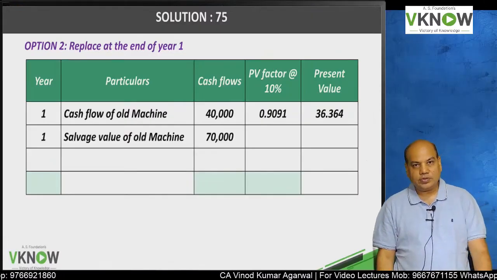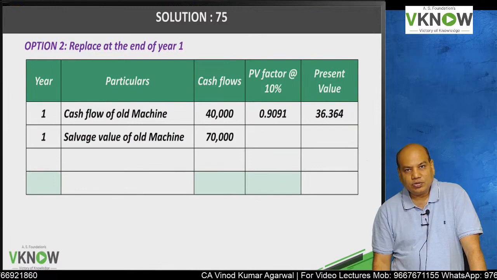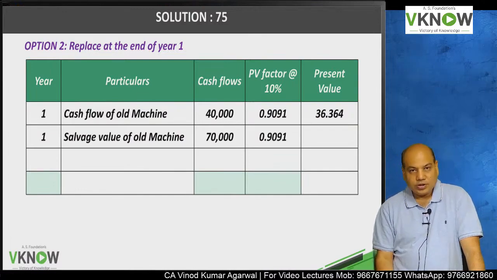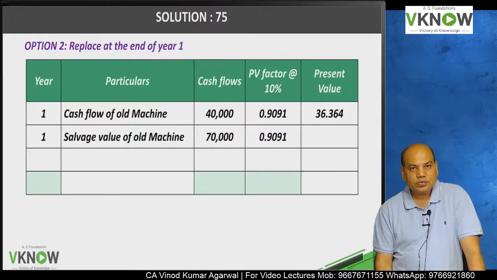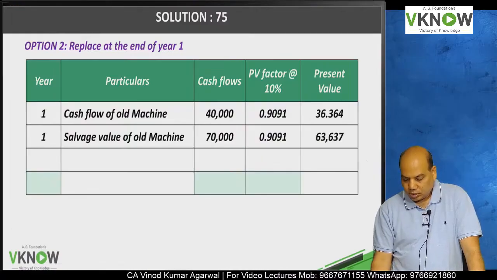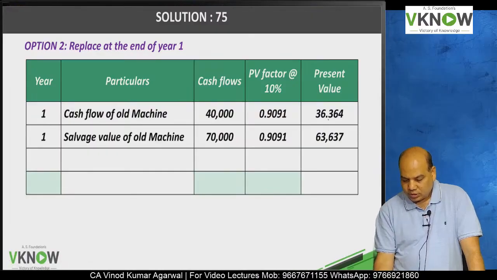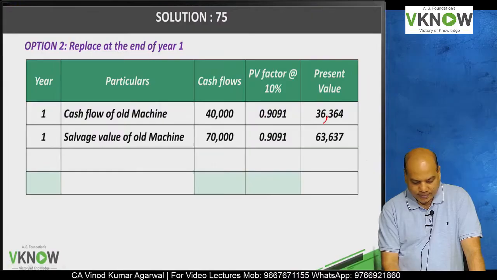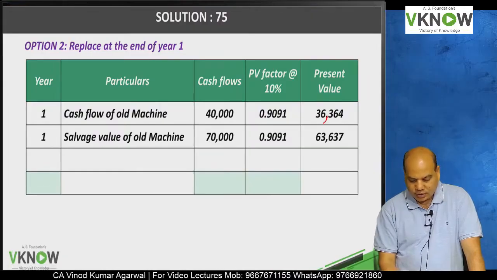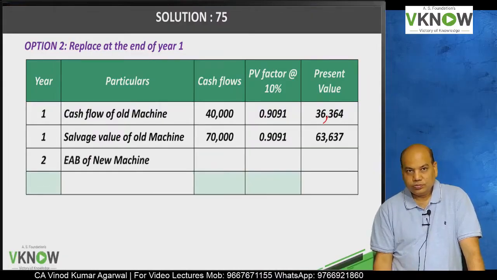Scrap value 70,000. Present value factor 0.9091. Total 63637. Okay. Now next is year 2.